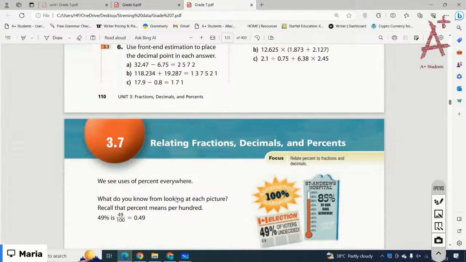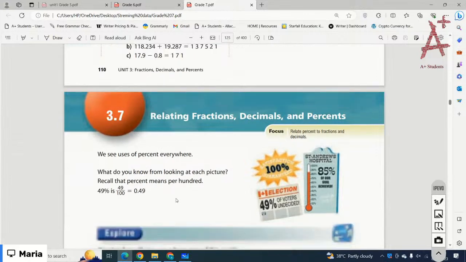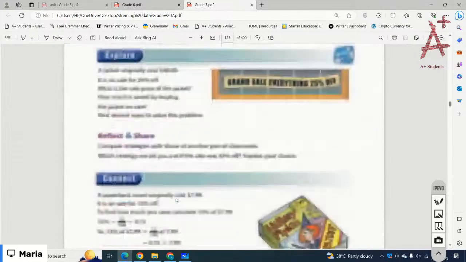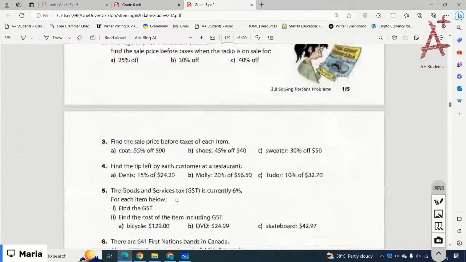So basically, that's conversions from a fraction to a decimal, right? You have how much portion is shaded.